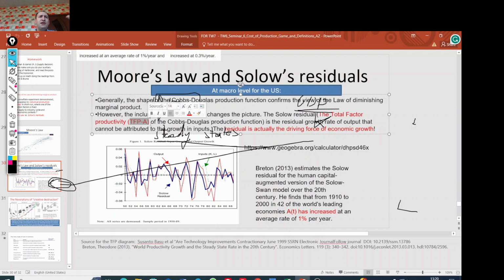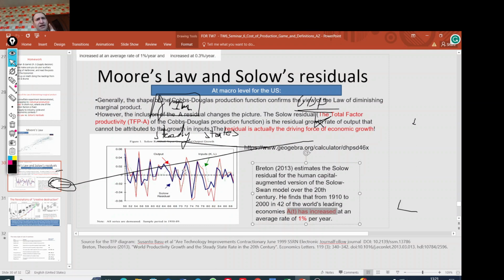Had this law been fully in effect, we would have been living in a steady state, a very grim reality for businessmen. But it never materialized, precisely because of this A factor changing its value over 100 years. Why was it changing its value? As you can see, in the past 50 years in the United States, in the second half of the 20th century, GDP was not so much driven by labor and capital increments as by the change in that A. So this is the red line for GDP change, and the blue line is the Solow residual, this A factor change.